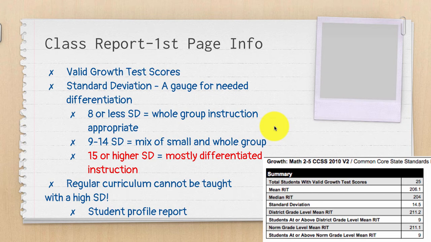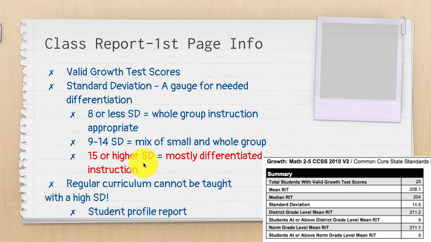If you have larger and larger standard deviations, that means you have greater differences in what these kids know and are able to do. So you have to accommodate for those differences to get everyone to mastery. So 9 through 14, you're going to want to use a mix of small and whole group. If you have a standard deviation of 15 or higher, you're going to want to use mostly differentiated instruction.